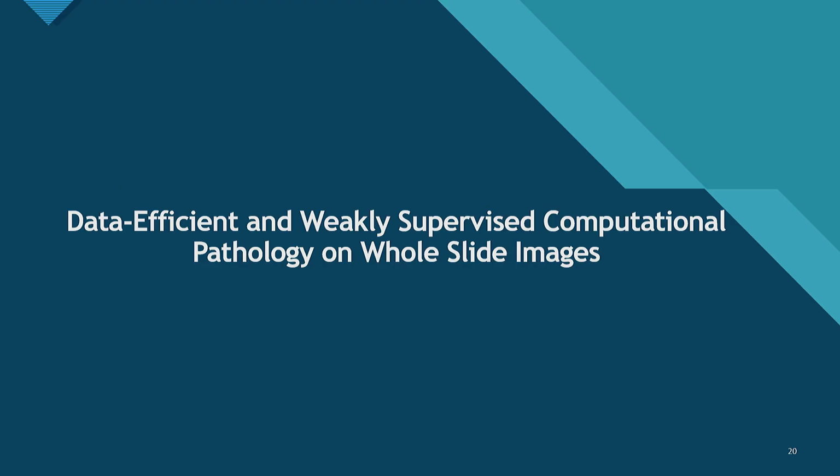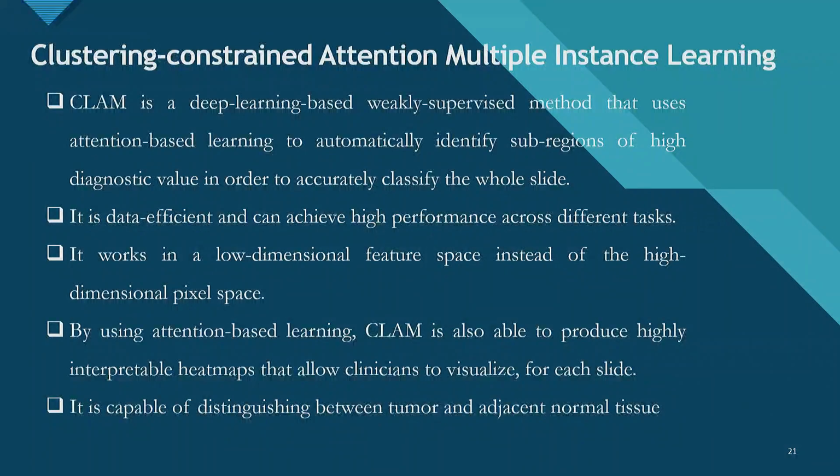So we take an example. I have chosen this paper, which is Data Efficient and Weakly Supervised Computational Pathology on Whole Slide Images. This is actually clustering-constrained attention multiple instance learning, CLAM, one of the famous approaches in multiple instance learning.